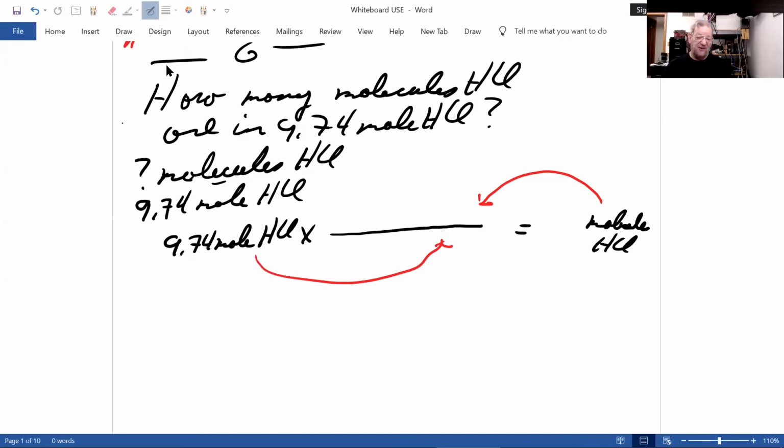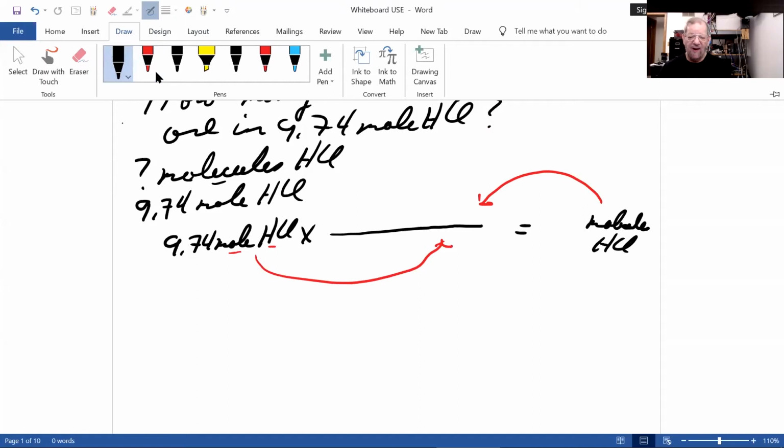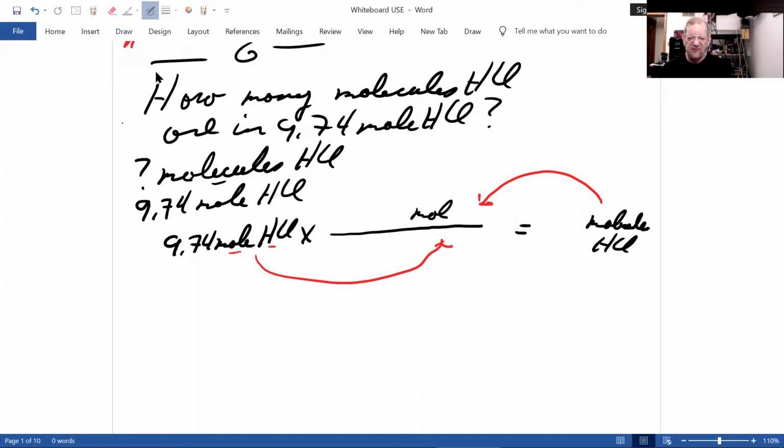And what I mean by get rid of, you don't want the moles of HCl in your final answer. You want molecules. Now, I want molecules HCl on top, and I want moles HCl underneath. And where do I get that number?